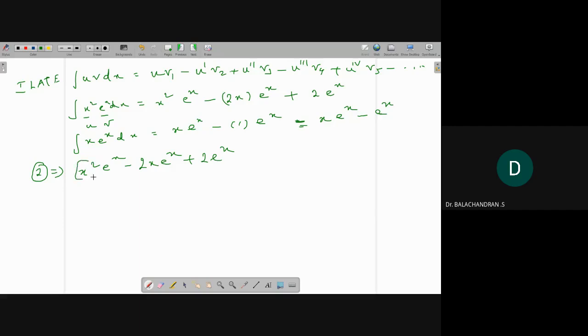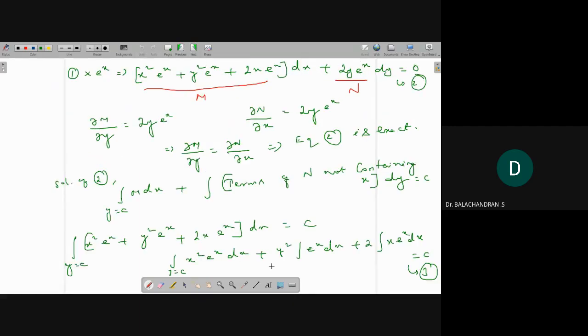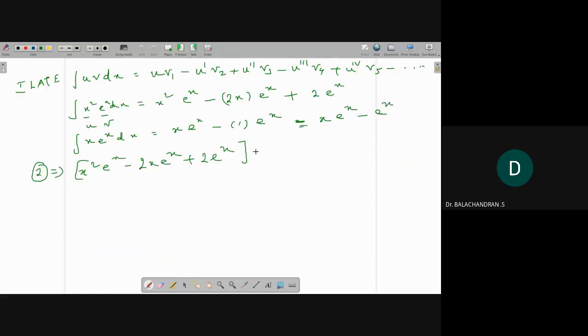This is for the first integral. And the second integral, I need to integrate y e power x dx, so y square into e power x. Third integral here I have x into e power x minus e power x. Is anything cancelling?